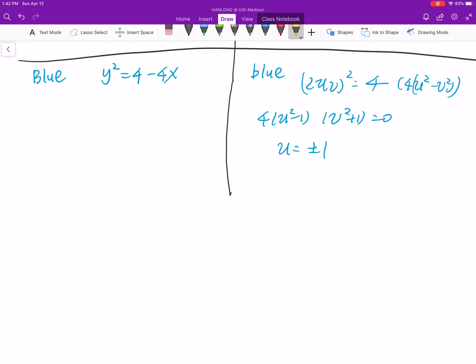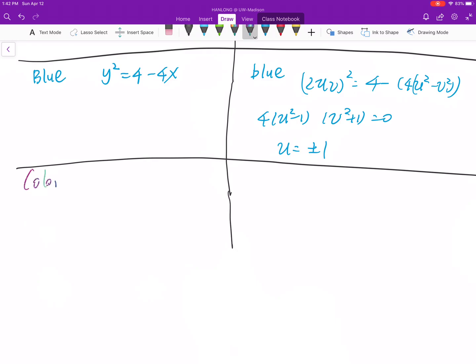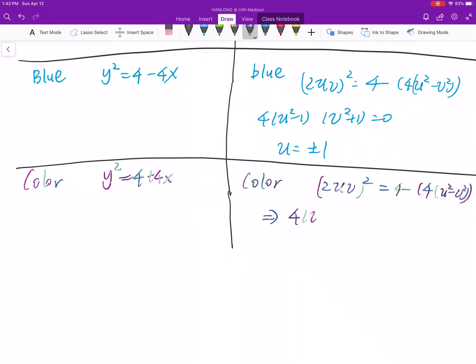Okay, now let's do the colorful line. So this is given by u squared equals 4 plus 4x, and then on this side, 2uv squared equals 4 minus 4u squared minus v squared. So 4u squared plus 1v squared.